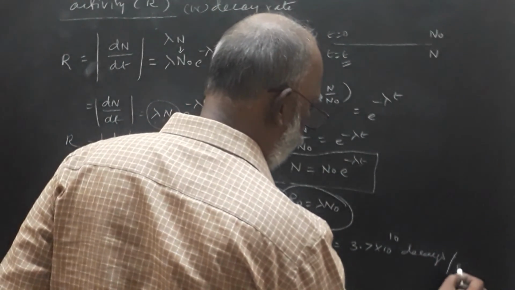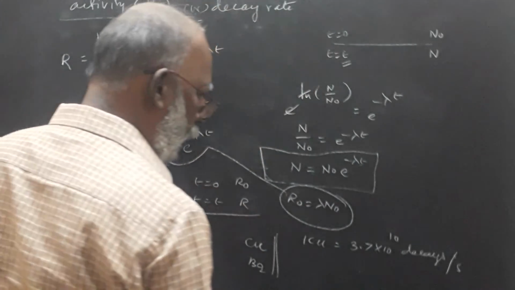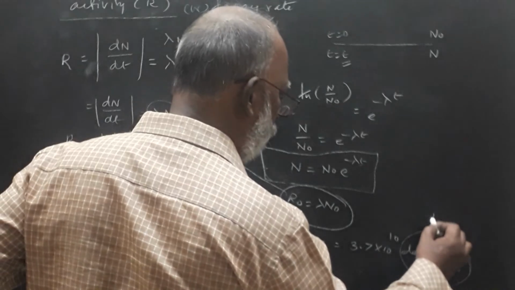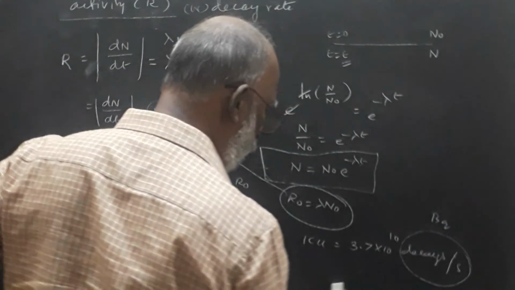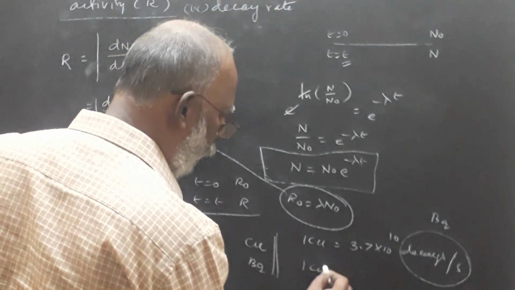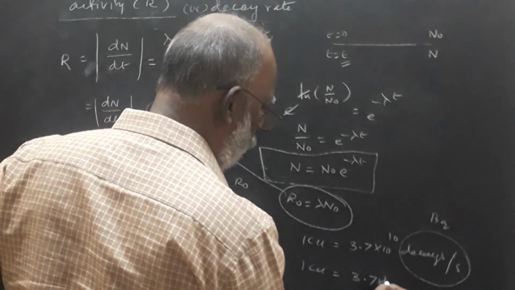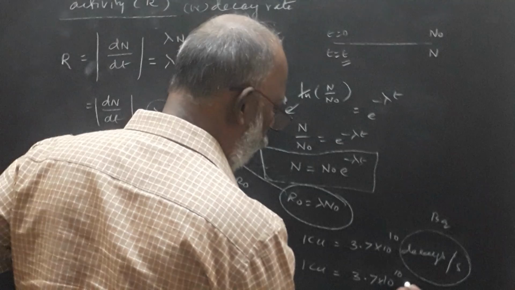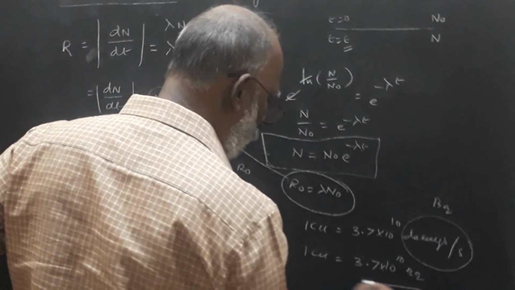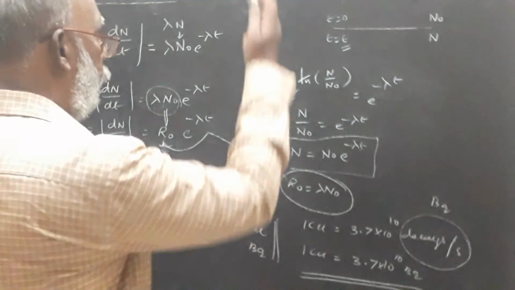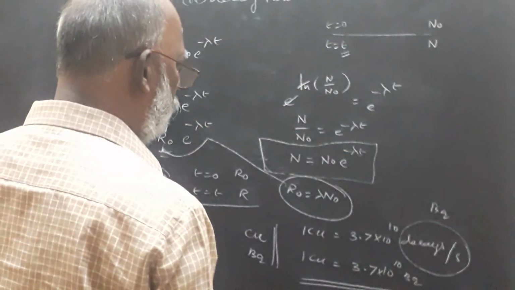This may be called Becquerel. Therefore, 1 Curie equals 3.7 into 10 power 10 Becquerel. This is the famous equation that we obtain from the law of radioactive substances.